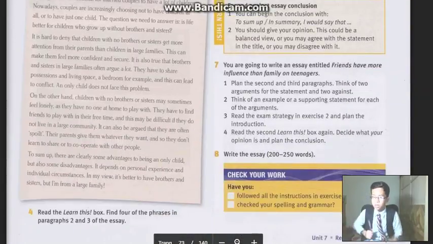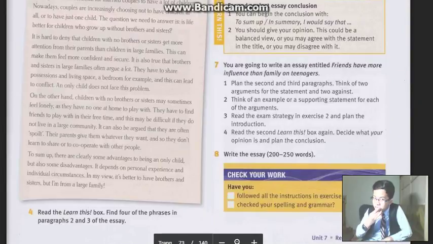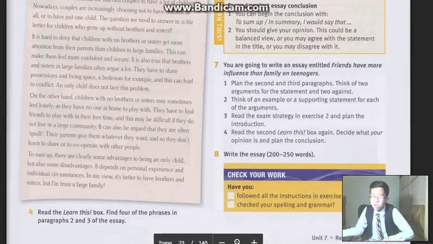Alright, so we will read the writer's conclusion paragraph. To sum up, there are clearly some advantages to being an only child, but also some disadvantages. It depends on personal experience and individual circumstances. In my view, it is better to have brothers and sisters, but I'm from a large family.